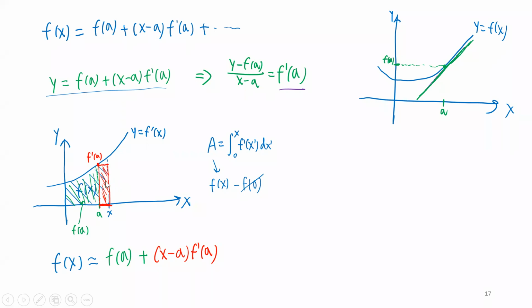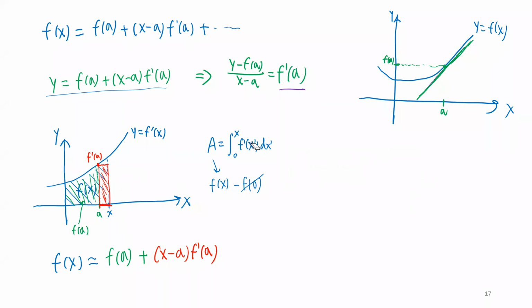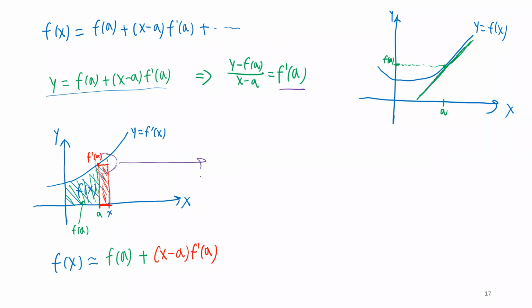Because here our approximation is not perfect, since we are off by this small triangular-like area up here. So let me try to draw a bigger version of that triangle. So I'm just going to zoom in this part. So what I have here is a triangular-like region that looks like this.